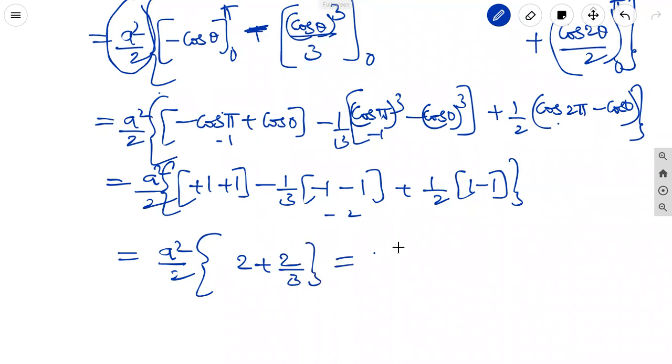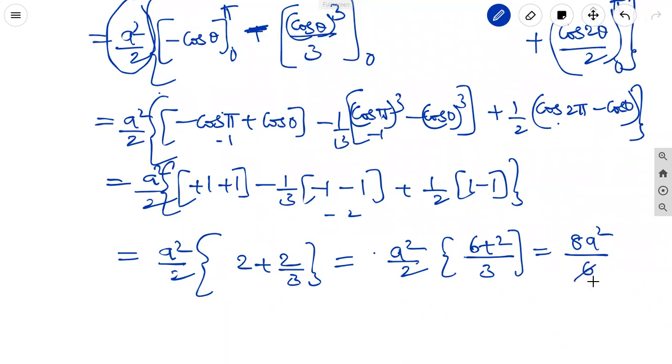It is equal to a square by 2 into, taking the LCM, 3 2s are 6, plus 2 by 3, is equal to 8a square by 2 3s are 6, 2 4s are, so it is equal to 4a square by 3.